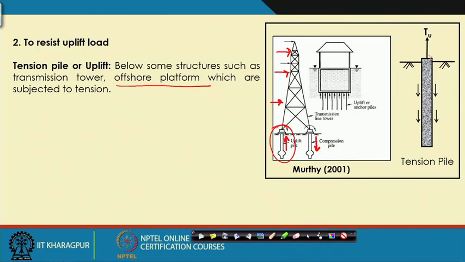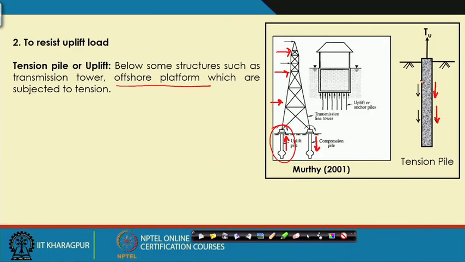So, in those cases we have to check the bearing capacity of the pile foundation under both tension as well as compressive loads. Here, as the load is applied in the uplift direction, the friction will act in the downward direction, but if the load is applied in the compressive direction, there will be a deformation of the pile in the downward direction.